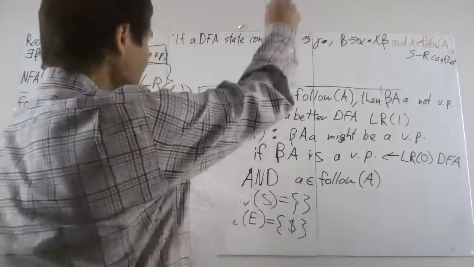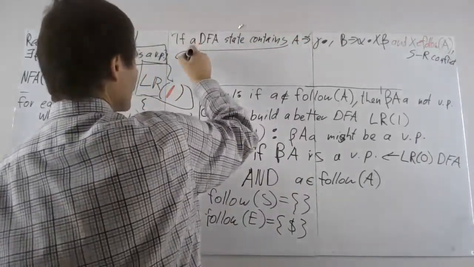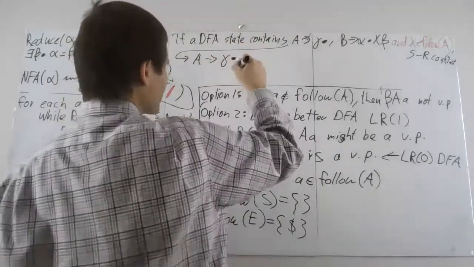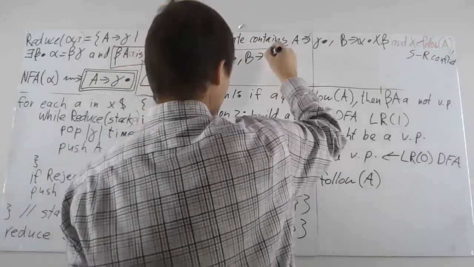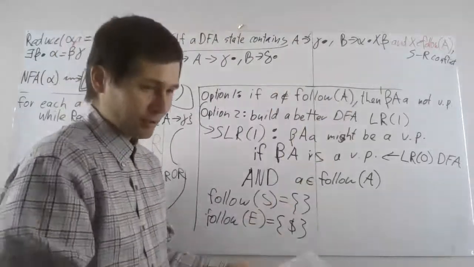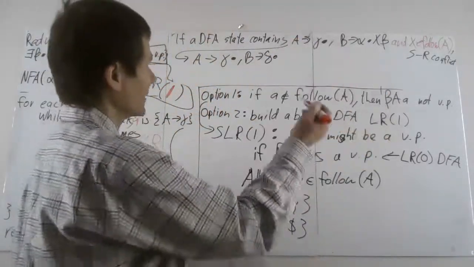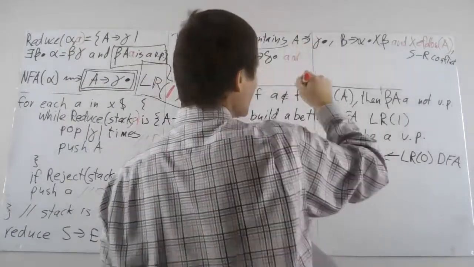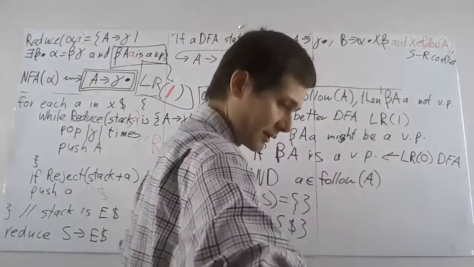Okay, and then similarly, if a DFA state contains A goes to gamma dot and B goes to, let's say, delta dot, then normally you would have a reduce conflict, but now you only reduce by each rule if the next symbol is in their follow set.